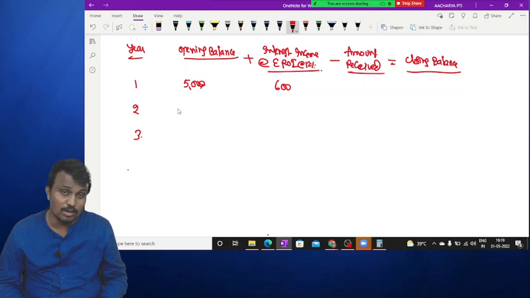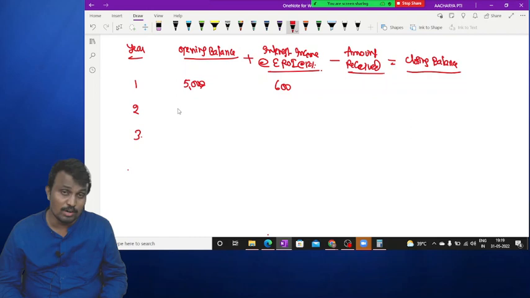But here remember, in this 5,837, 500 is the coupon interest, and the remaining is the redemption value. Remaining 5,337 is the redemption value.